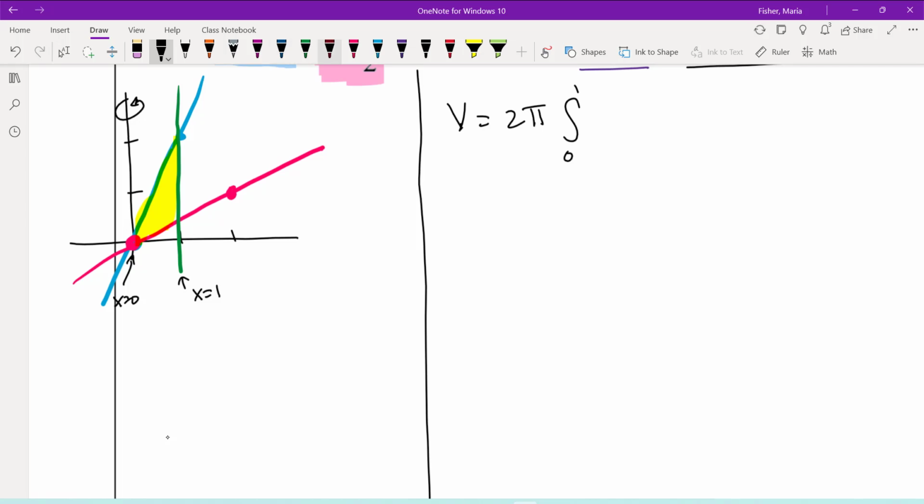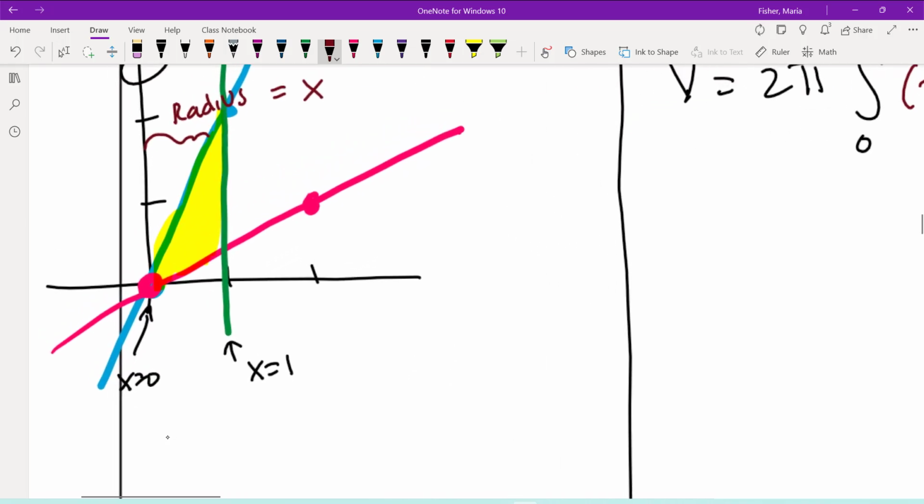So the radius is going to be the distance from the axis of revolution to somewhere in the yellow. And so this here, this radius, if we think about it, is just an x movement, so my radius is going to be x. Recall, if your axis of revolution is the y-axis, then your radius is always just going to be x.